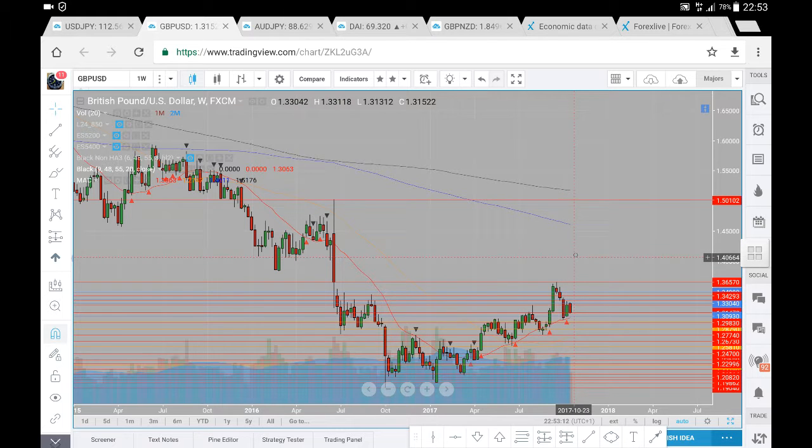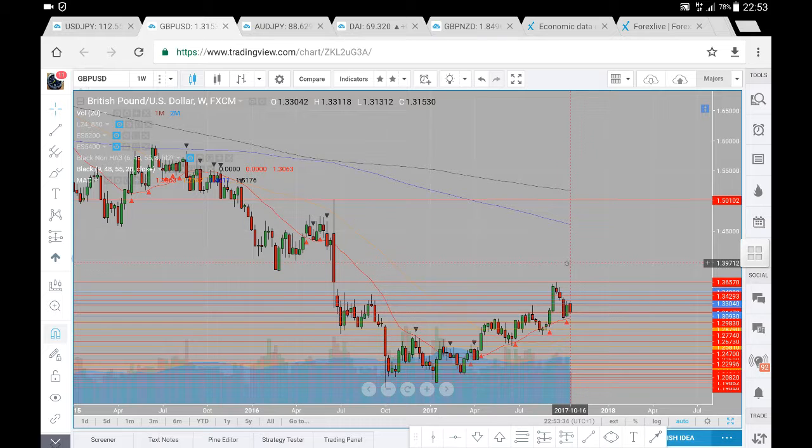But the fact that we weren't able to see much of a follow through this week, we didn't see prices trade much above the open, and in fact we've seen prices retrace quite heavily so far this week. So we look poised to retest the lows of last week and possibly this 20-period moving average.